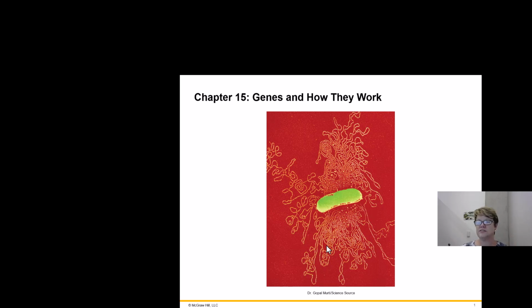So all the cells are genetically identical, but not phenotypically identical in the sense that each type of cell is expressing a different group of genes from the entire 46 chromosomes that it contains.